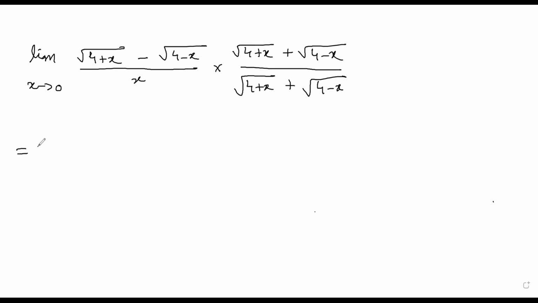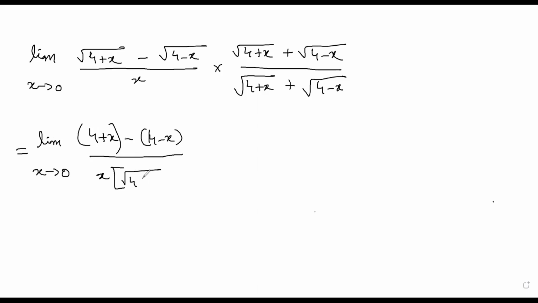So the limit as x tends to 0: a square, that is 4 plus x, minus b square, that is 4 minus x, whole divided by x into root of 4 plus x plus root of 4 minus x.